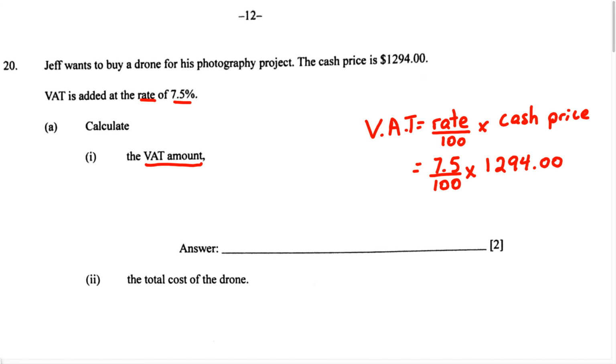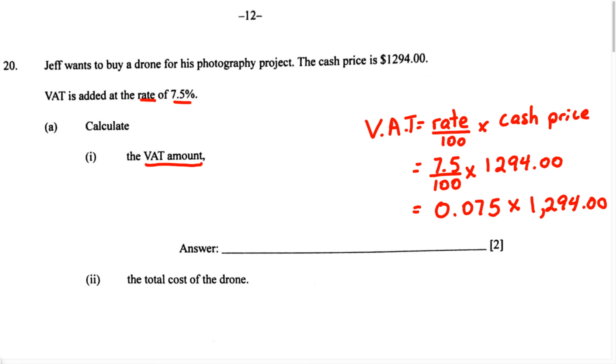In our calculators, we're going to do 7.5 divided by 100. When you solve for that, you're going to get 0.075 multiplied by $1,294.00.